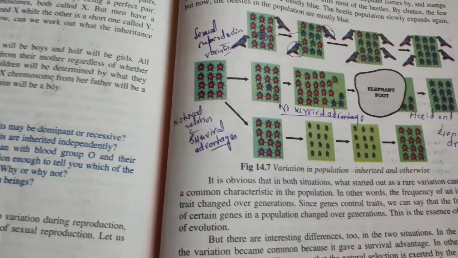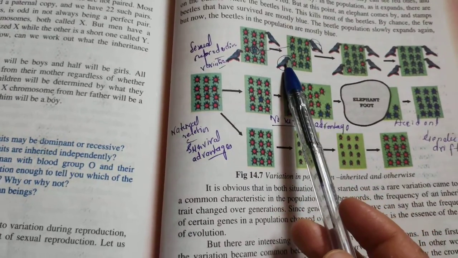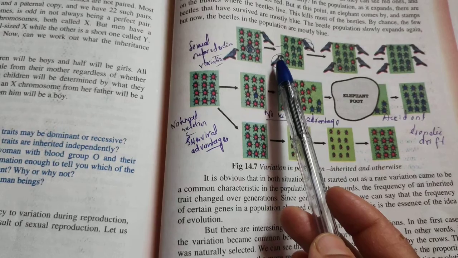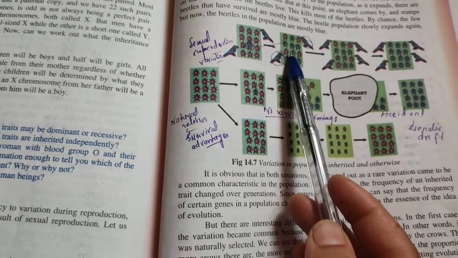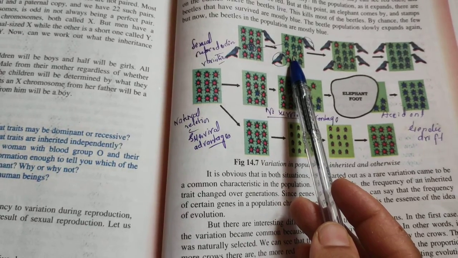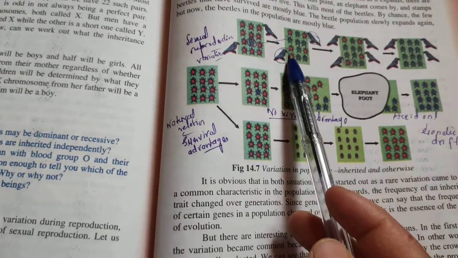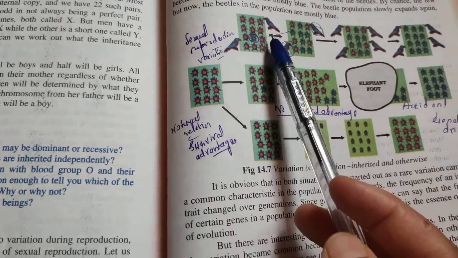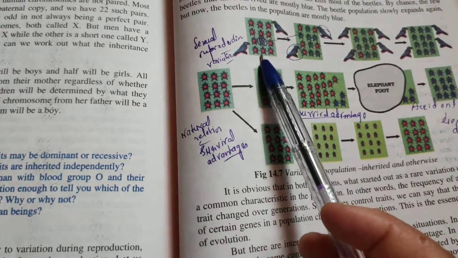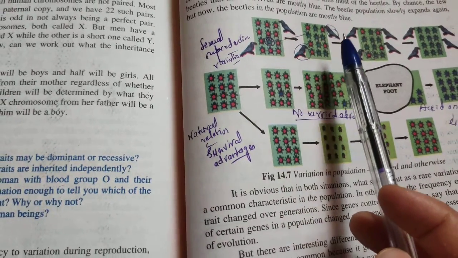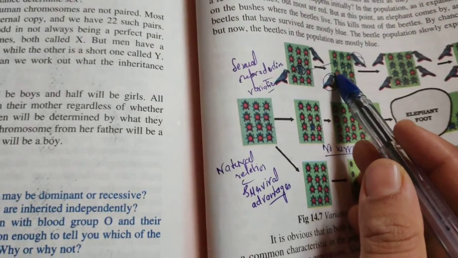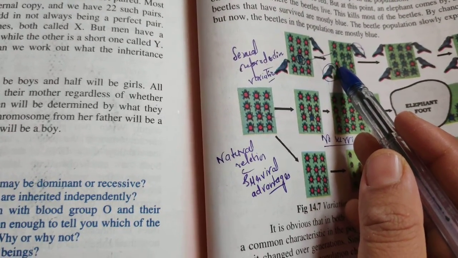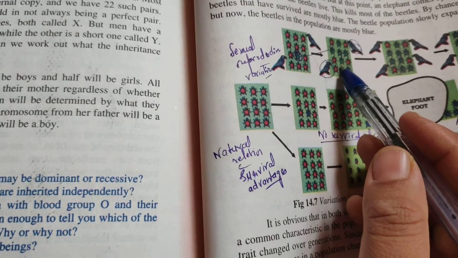Crows cannot see green beetles on the green leaves of the bushes, and therefore they cannot eat them. The progeny of green beetles is not eaten while the progeny of red beetles is eaten. As a result, there are more green beetles than red ones in the beetle population.